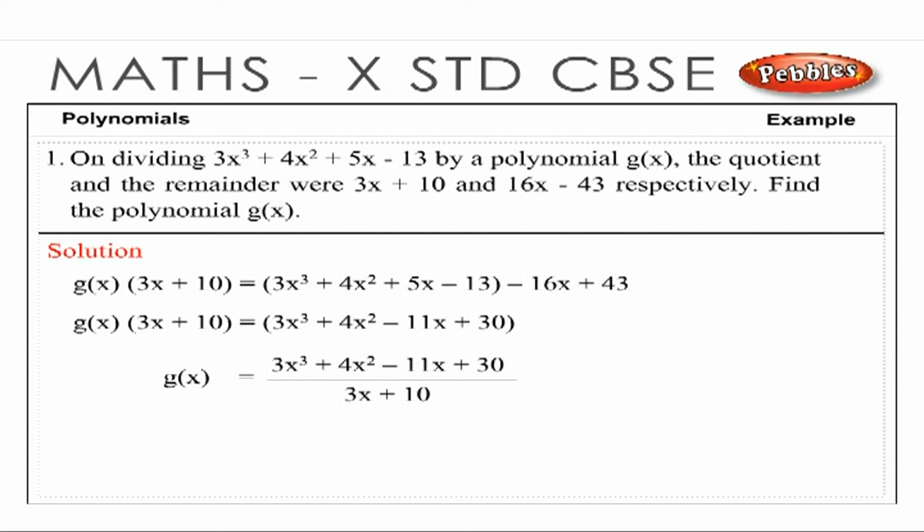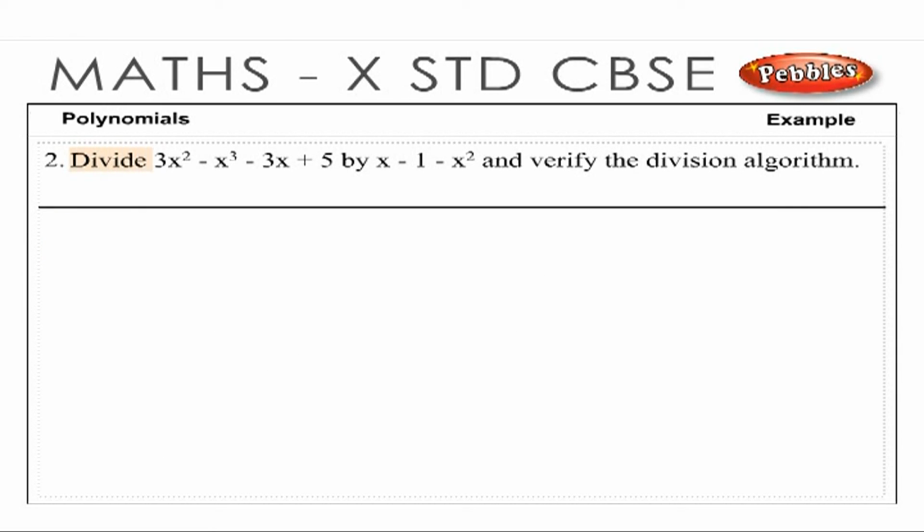G of x is equal to 3x cube plus 4x square minus 11x plus 30 by 3x plus 10. We have g of x into 3x plus 10 is equal to x square minus 2x plus 3 into 3x plus 10.